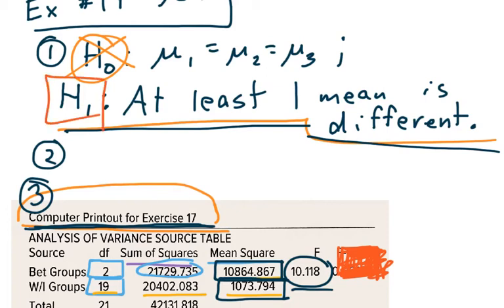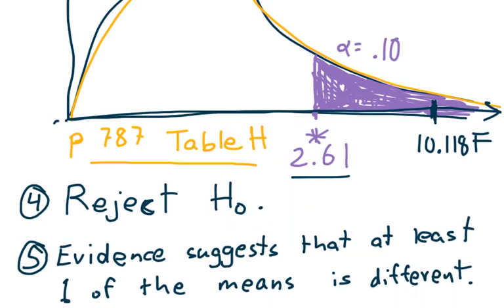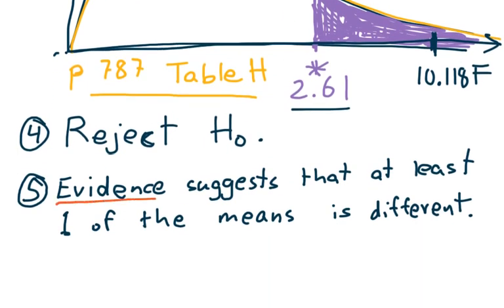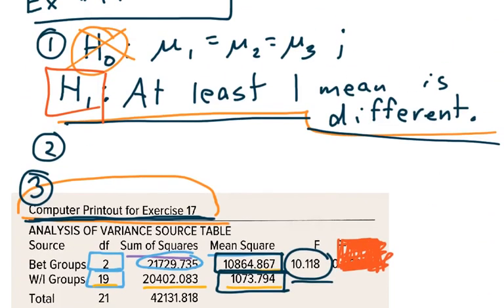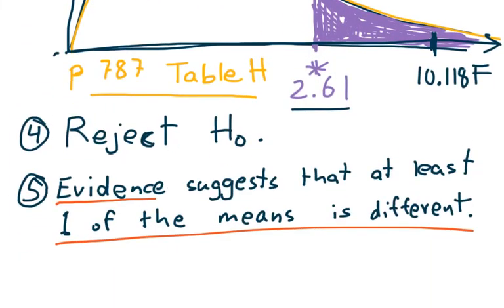It has to be H subscript 1. So we say we found evidence. Always mention the evidence. It suggests that at least one of the means is different. So notice we just parroted exactly what we had written for H subscript 1. And that concludes the ANOVA test. That is using the summary table.